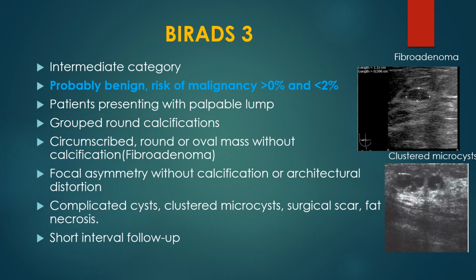A patient presenting with a palpable lump who has grouped round calcifications, or a very well defined fibroadenoma without any calcifications, focal asymmetry without calcification or an architectural distortion of the breast, and complicated cysts, cluster microcysts, surgical scars and fat necrosis are all included in this group. All these patients might require a short interval follow-up so that there is no further change in the appearance of the lesion.